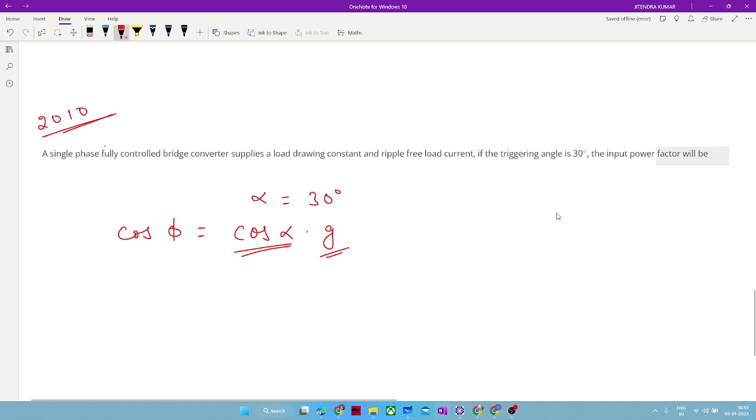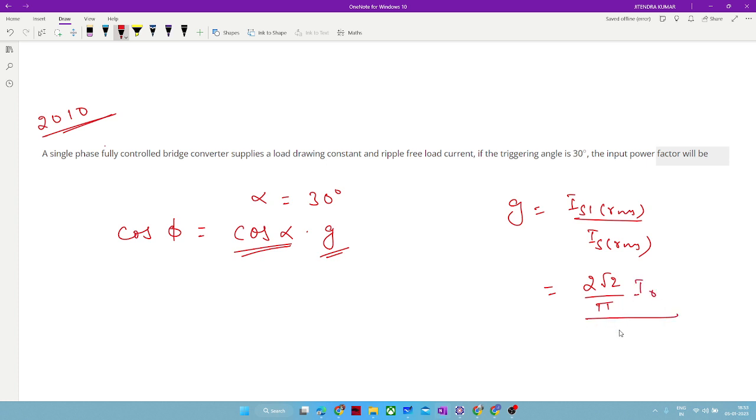Now, for single phase fully controlled bridge converter, g is IS1 RMS by IS RMS, and we just now computed IS1 RMS as 2 root 2 by pi into I naught, and IS RMS was I naught. Since it is also mentioned that load is drawing constant and ripple free load current, just what I told you, so you can assume it for continuous conduction, right?